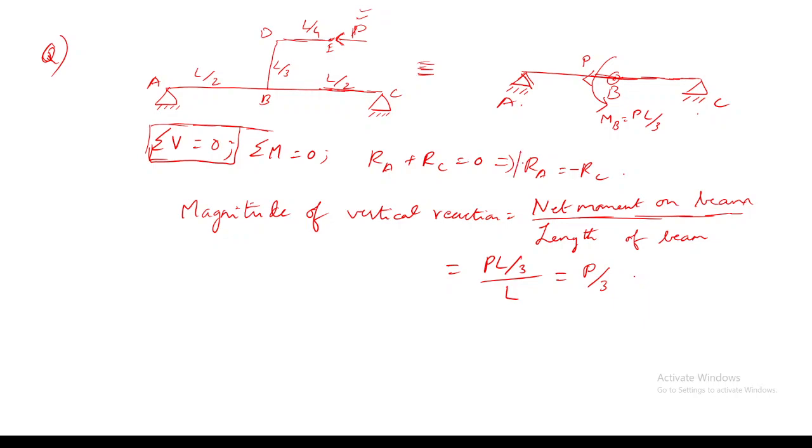Here the moment is acting towards this direction, so the net reaction should be in this direction. So RA will be equal to P by 3. And since it is acting in this direction, the reaction should be towards the downside. RC equals P by 3.